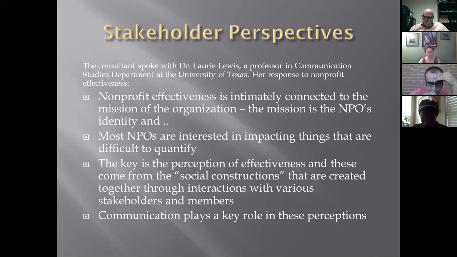So the article talked about the consultant going out and asking different stakeholders what their perspectives were, to give him a better understanding of where each group is coming from. The first person that he talked with was Dr. Lori Lewis, who is a professor of communication studies. Her response to nonprofit effectiveness is that it's intimately connected to the mission of the organization.